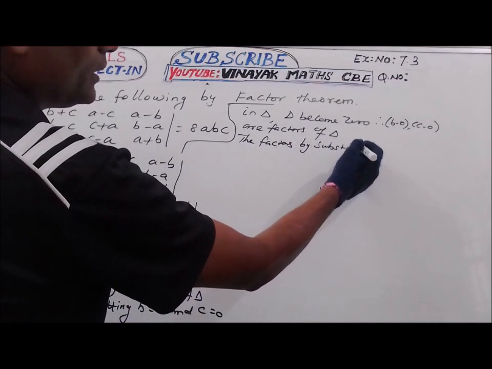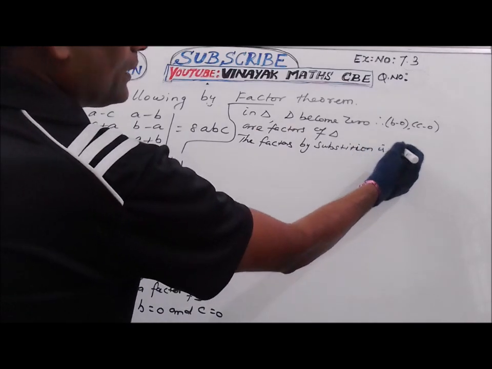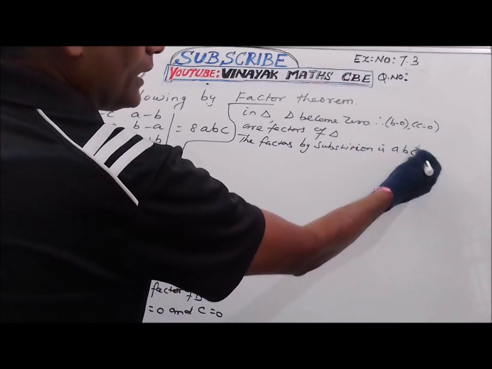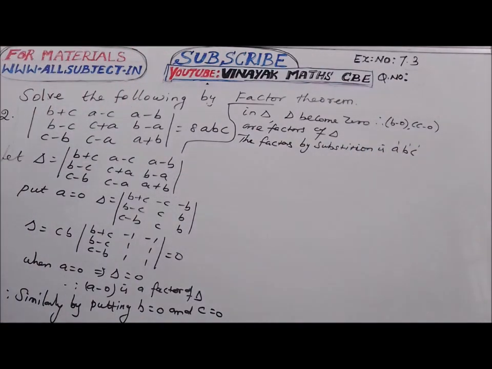Factors by substitution are A, B, C. Here A has power 1, B has power 1, C has power 1.